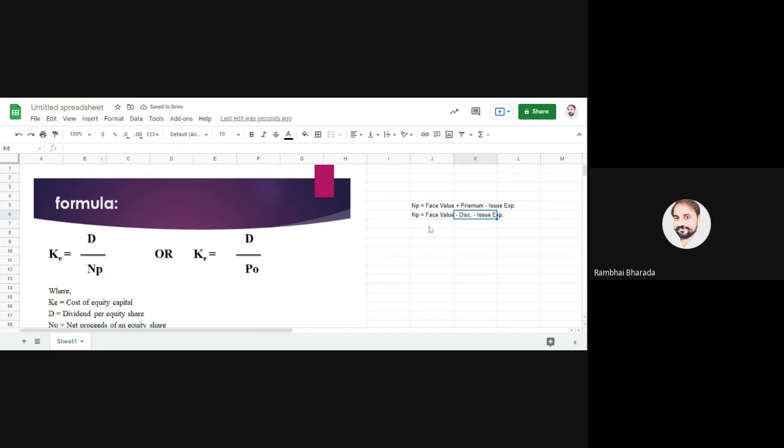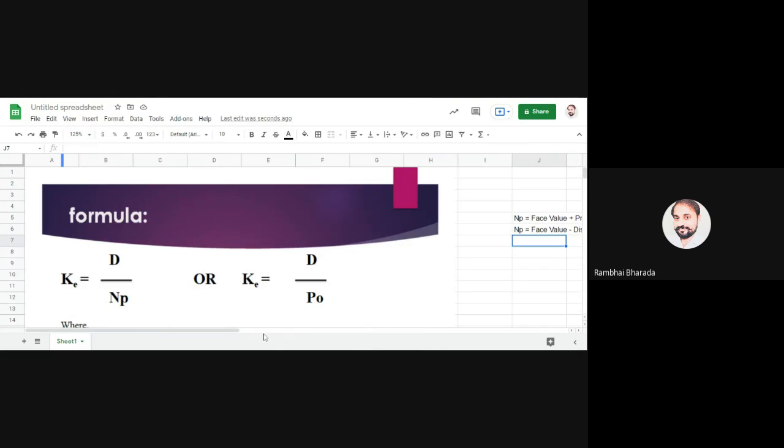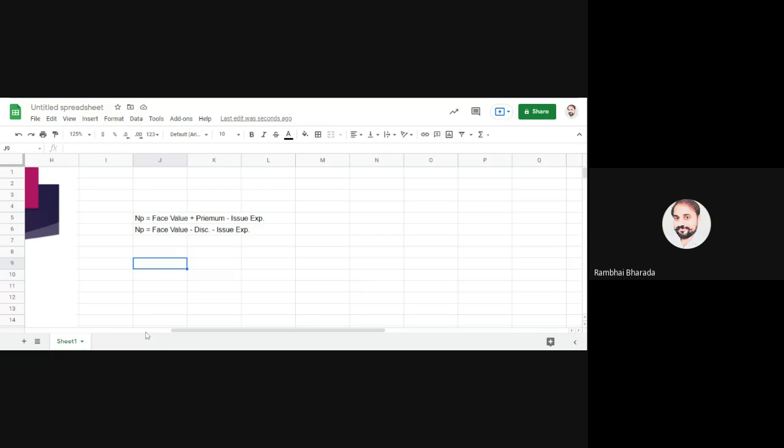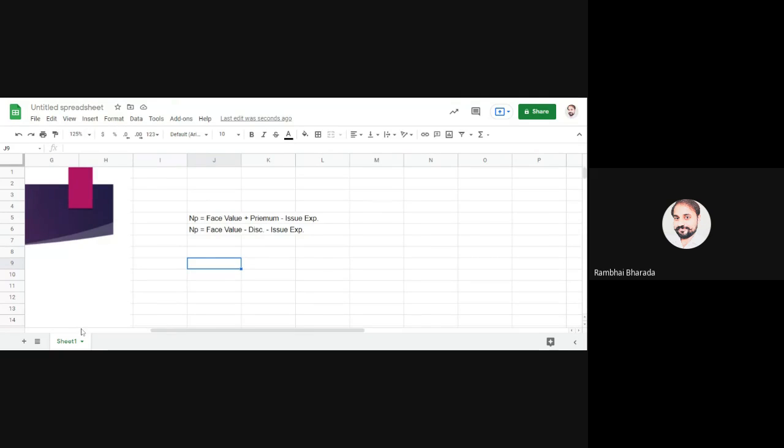In that case, NP is equal to face value minus discount minus issue expenses. Are we clear? Okay.